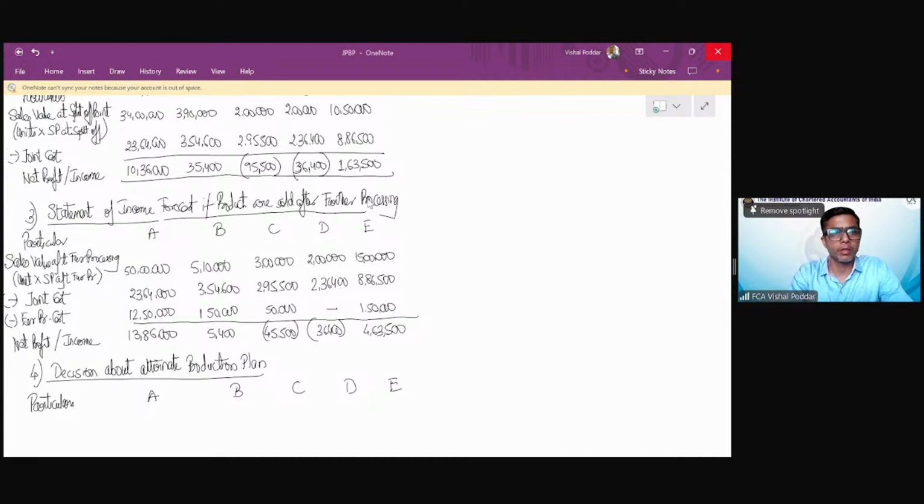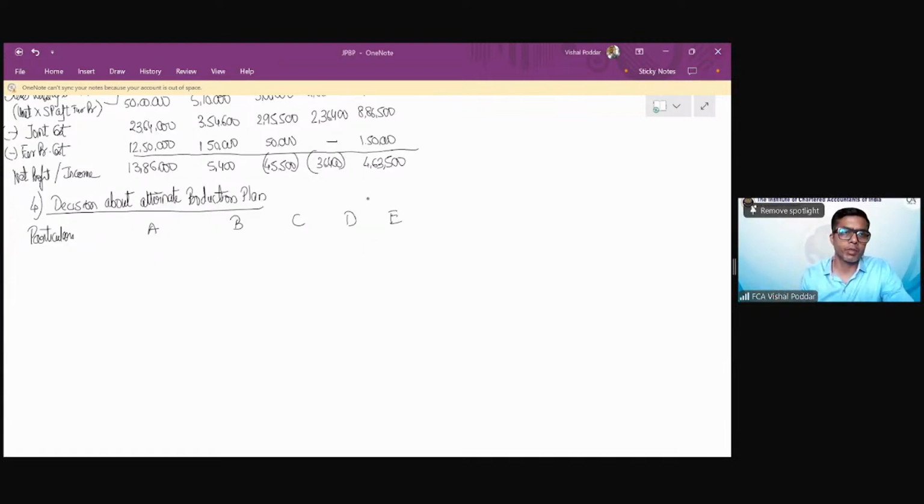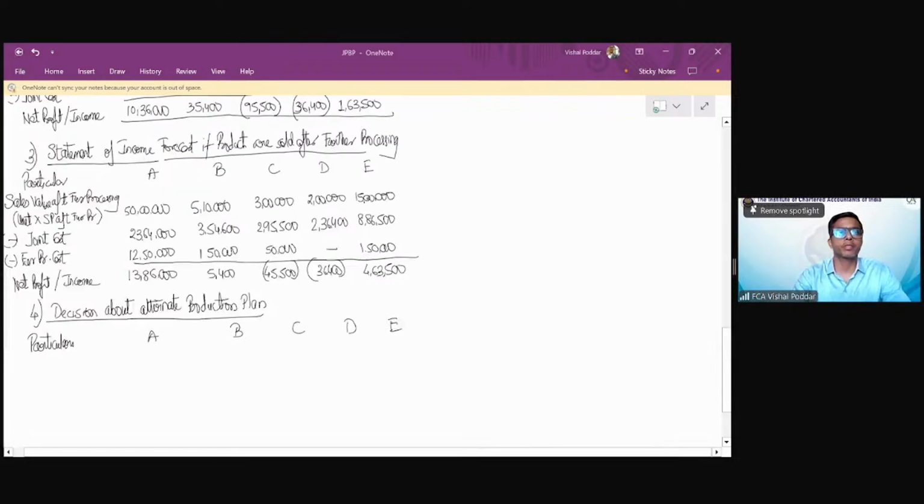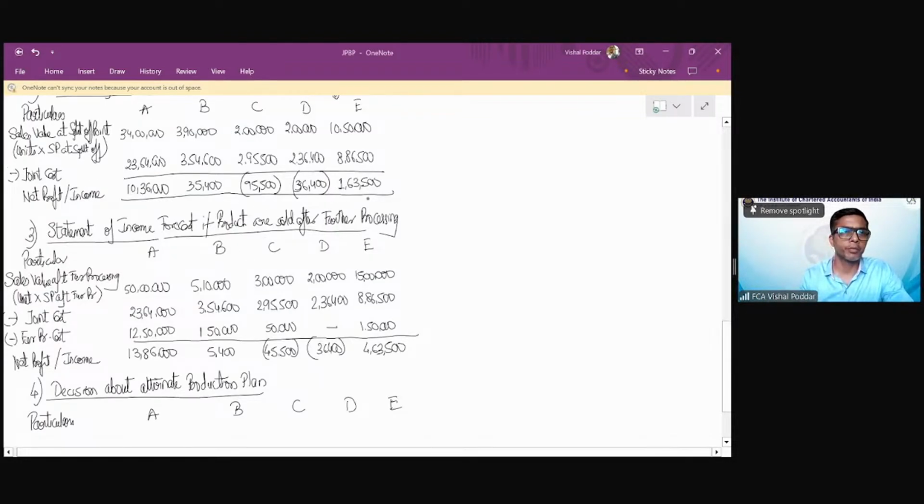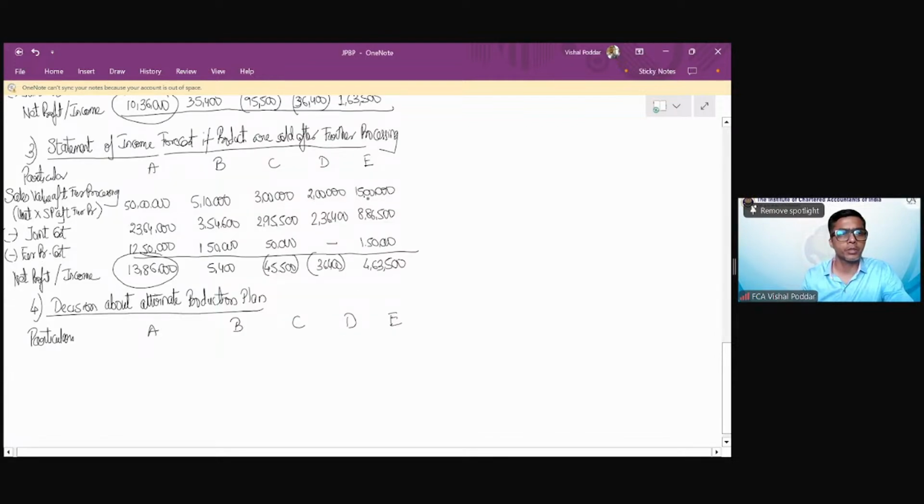Now, in the fourth part, where I have to take decision about the alternate production plan. See, practically, there is no format as such. You have to simply compare both these profits. Like you can see the profit at this stage is this, and at this stage is this. So you can very simply say what one should do. But just to give it a proper presentation, we will take net profit after further processing.